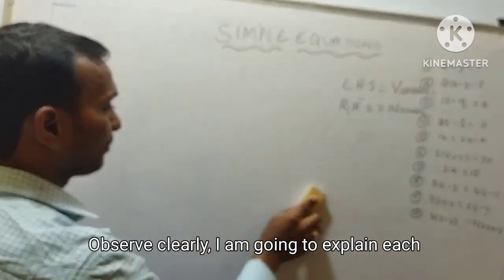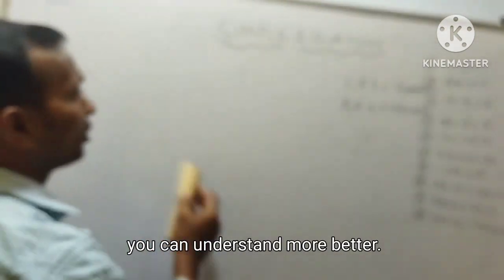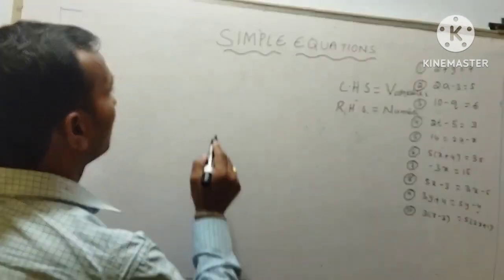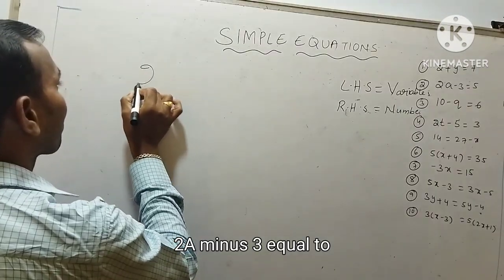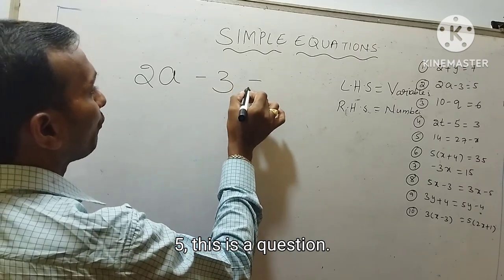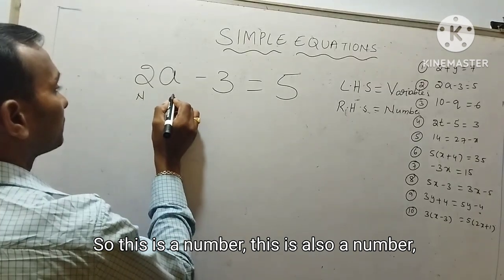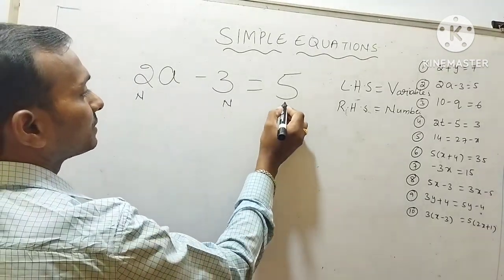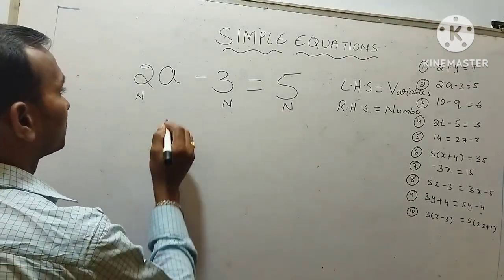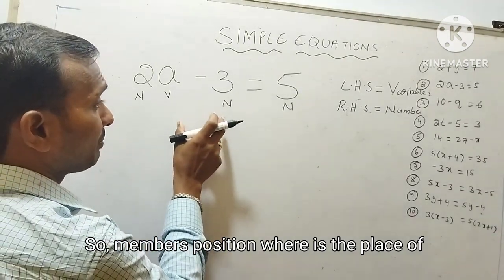Observe clearly. I am going to explain each and every problem very clearly so that you can understand better. 2a minus 3 equal to 5. This is a number, this is also a number, this is also a number, and this is a variable. Where is the place of numbers?